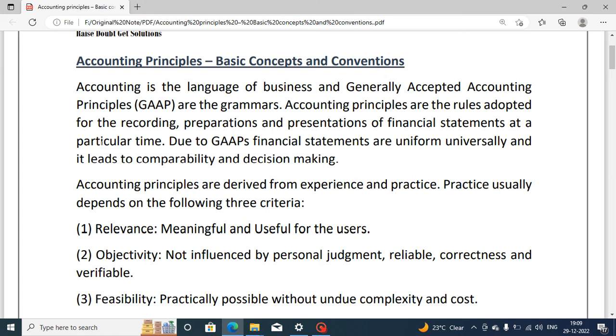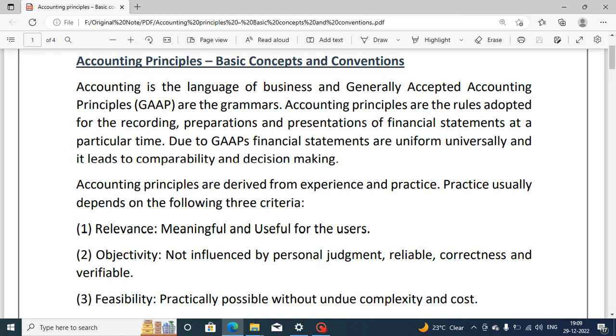So these are the rules we have to consider while recording the transactions and preparing and presenting financial statements to the users of accounts. Due to GAAP, financial statements are uniform universally, and it leads to comparability and decision making.